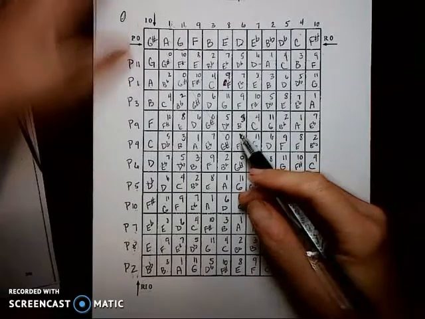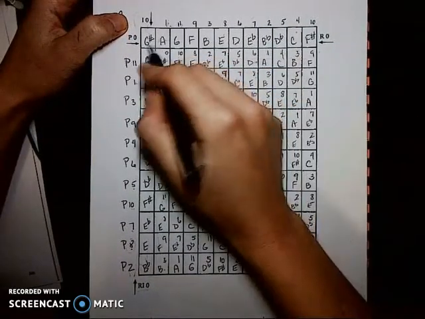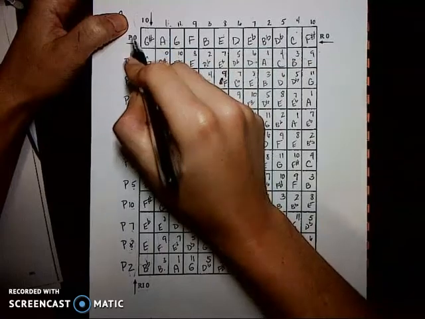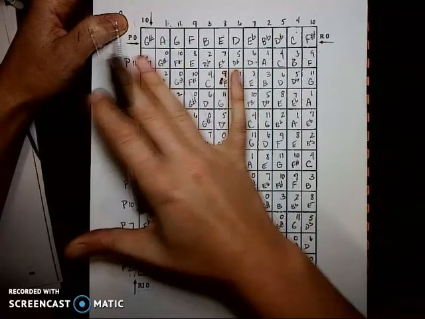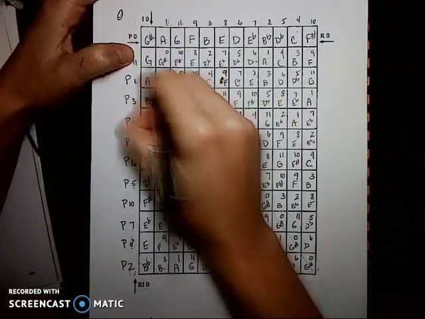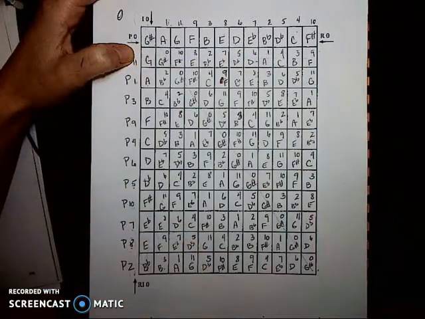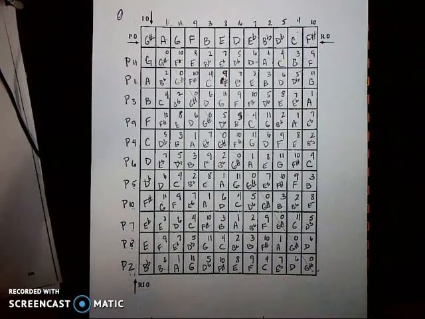So right here, we have this row, P0. That means it's the prime row, and 0 means we have not transposed it by anything, okay? It's on the original pitch level that we first saw it. All of these, going left to right, are the prime row just transposed to different pitch levels.